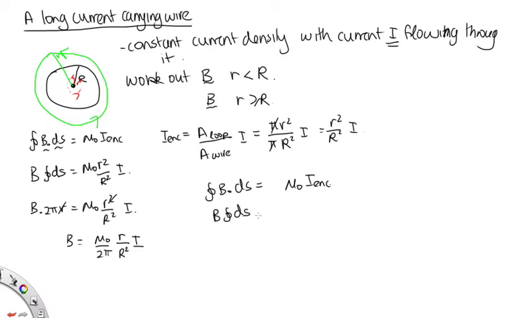So we've got B times the integral around the path is equal to mu naught I. And the integral around the path is just the circumference, so 2 pi r. And so we have B is equal to mu naught I over 2 pi r.